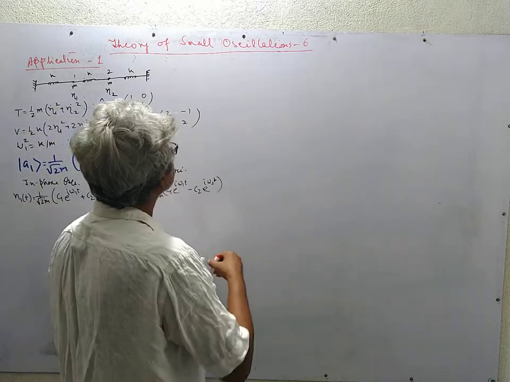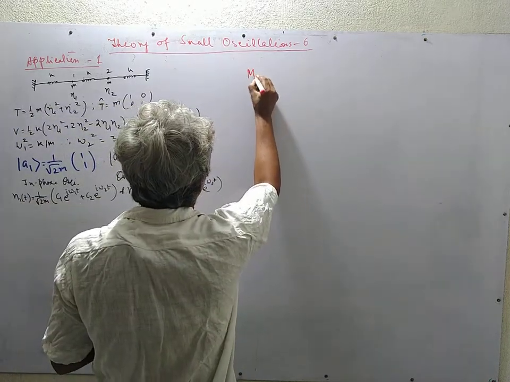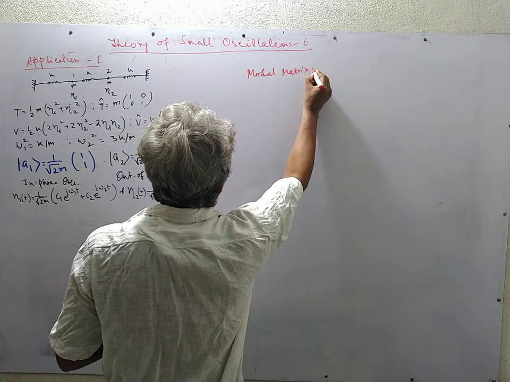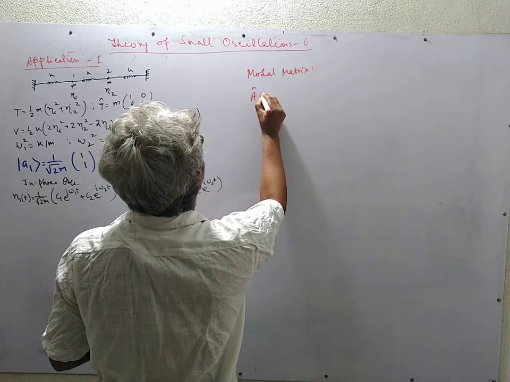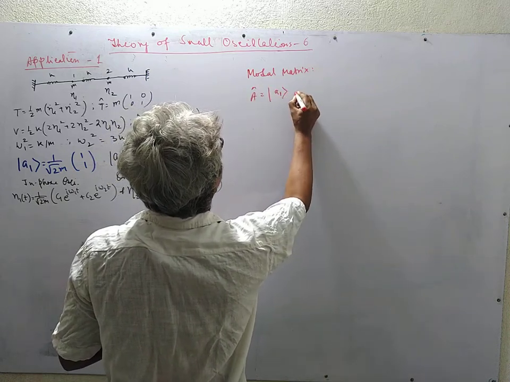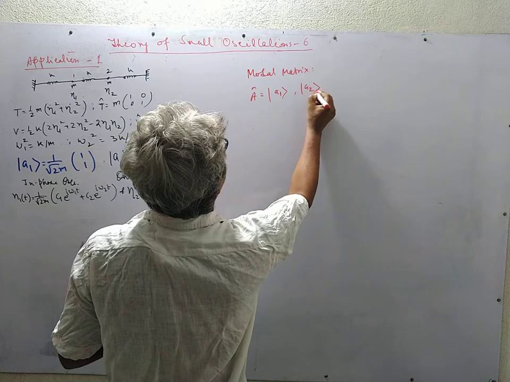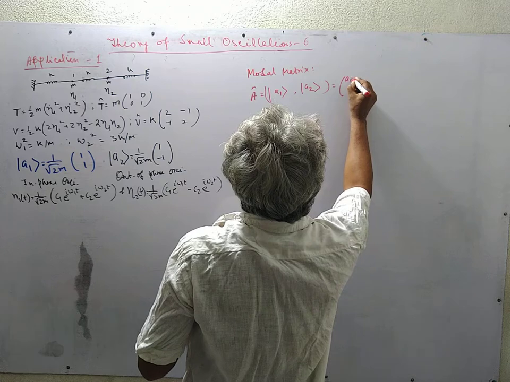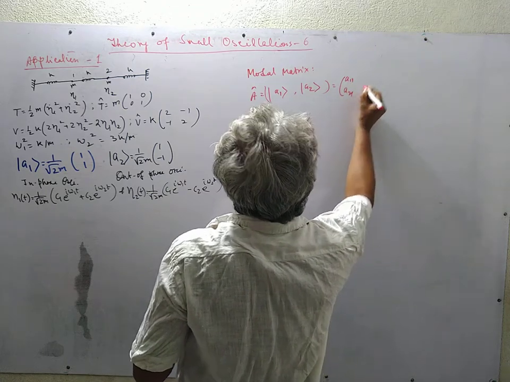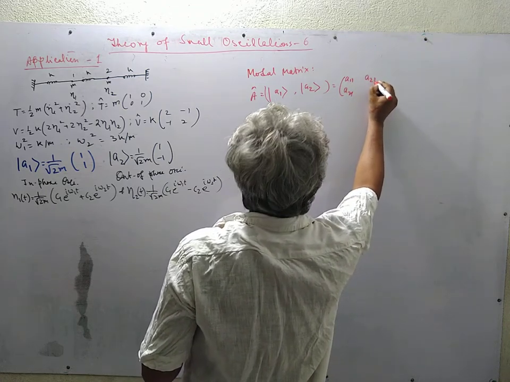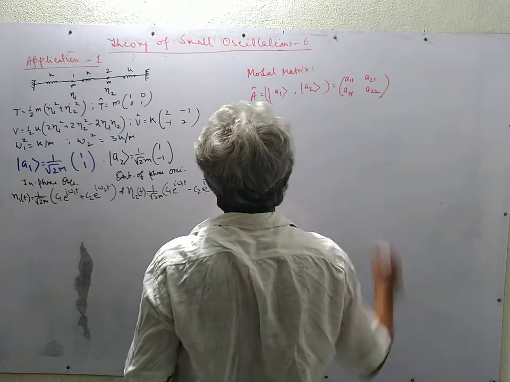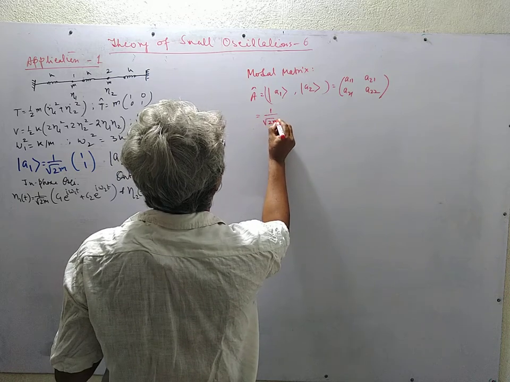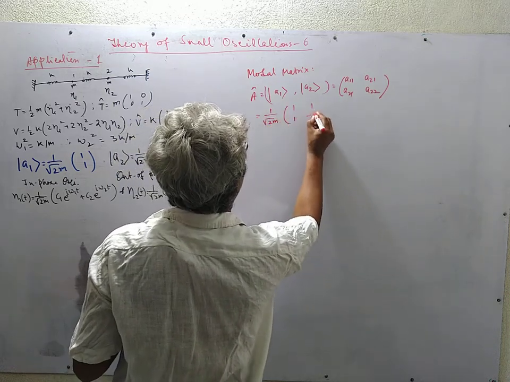The modal matrix A is basically A1, A2, this matrix, which in this case is a11, a21, a12, a22. So this is 1 upon square root of 2m, times the matrix 1, 1, 1, minus 1.